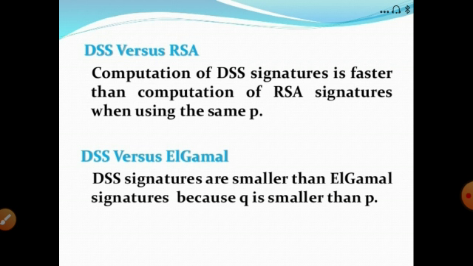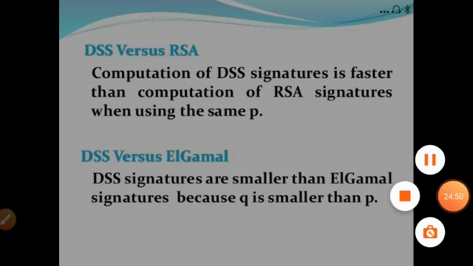DSS signatures are smaller than ElGamal signatures, because, as I already told, q is smaller than p. There we didn't mention anything, both p and q were selected as large prime numbers only. Here we clearly mentioned that q should be less than p. So p is 1024 bits and q is 160 bits.